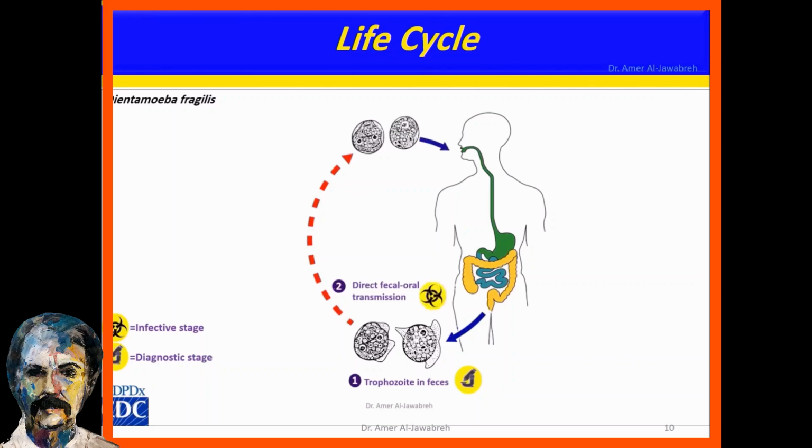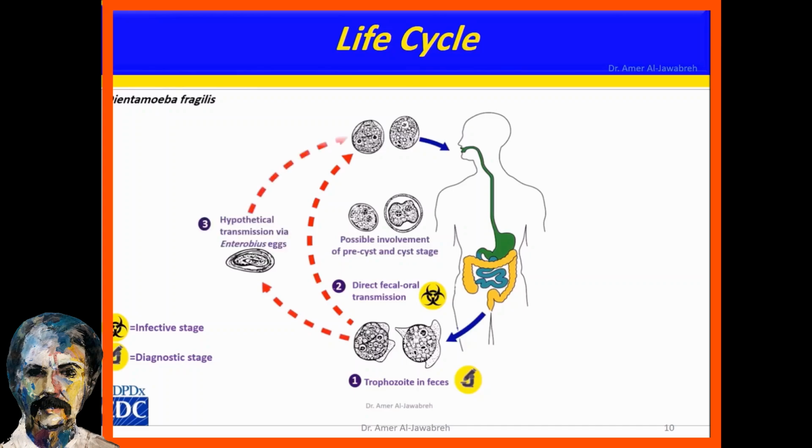So direct oral-fecal transmission, or we might have another possibility. This is what we call an assumption, that it might have a pre-cyst stage, and the other hypothetical transmission is that it mounts on the Enterobius vermicularis eggs, a nematode.